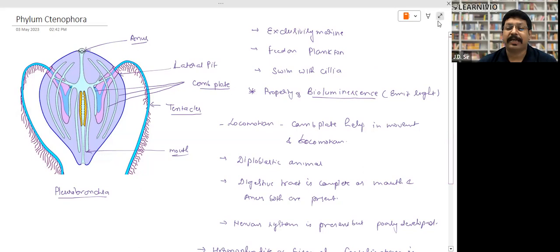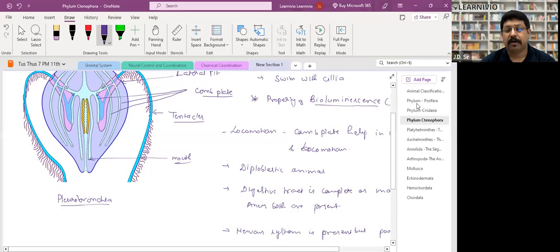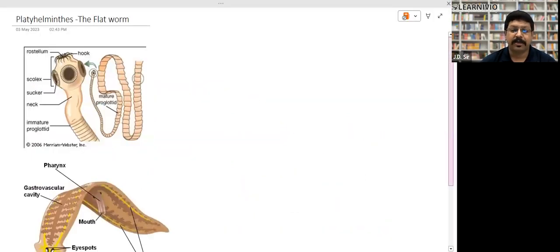Next phylum is Platyhelminthes, the phylum of the flatworms, and the representative of Platyhelminthes is this. What do we call this? Tapeworm. So the tapeworm is the representative organism of this phylum.